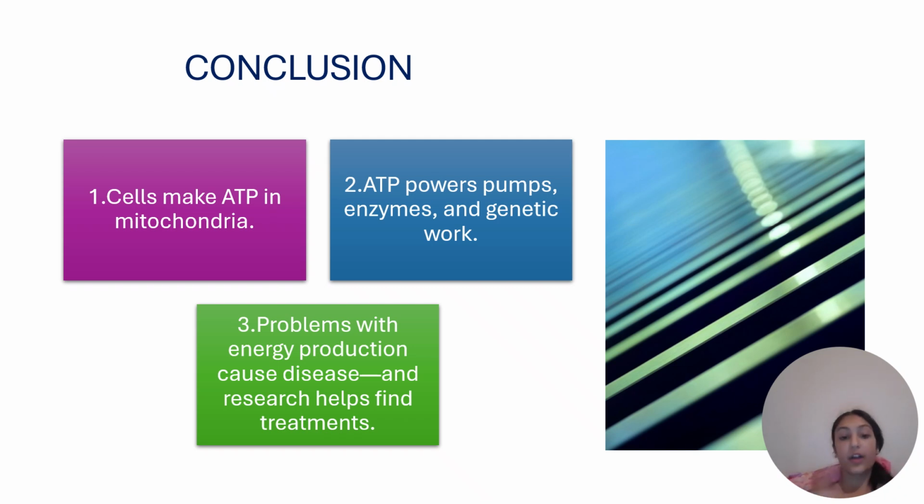Biomolecules help the cell function. Problems with energy production cause disease, and research helps find treatments. If any part of this system fails, it can lead to serious disease. So understanding these basic things helps us understand our life and health.